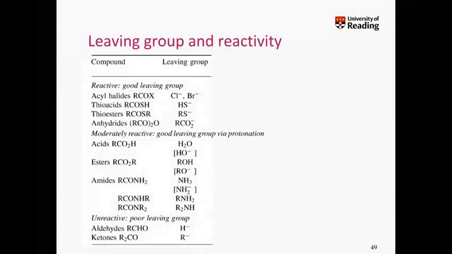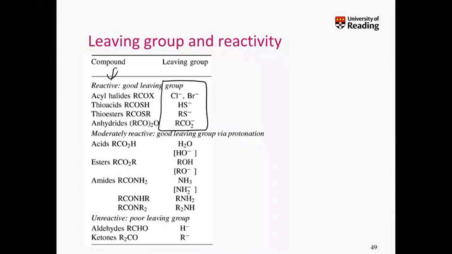So if we then look on the next one, we've given you a nice table. Okay, so this is what will help you to understand that if you have these kinds of carbonyl groups on here, so this is your carbonyl compound, reactive ones with good leaving groups are acyl halides, thioacids, thioesters, because these leaving groups are pretty good leaving groups.